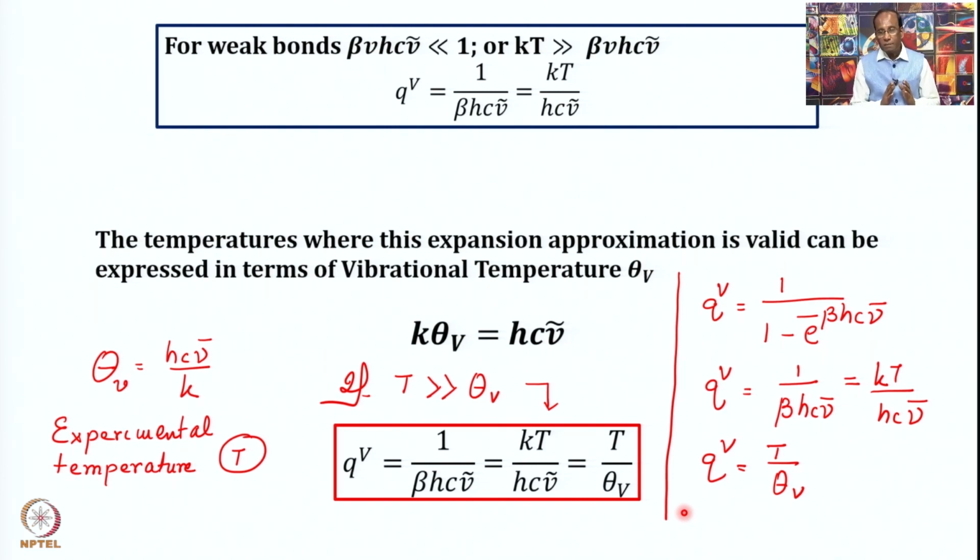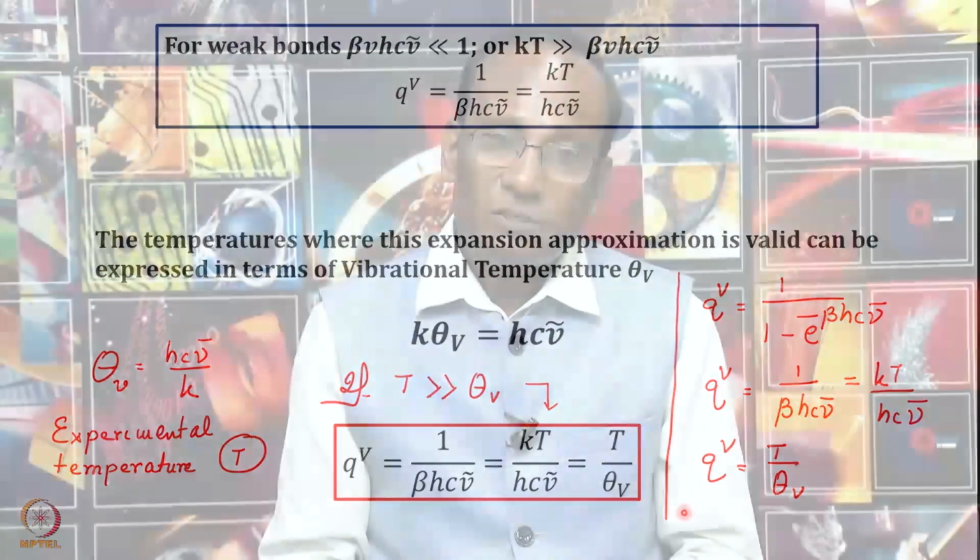So, what we have discussed in this lecture and the previous lecture is how to calculate the value of the vibrational contribution to the partition function. First, we discussed that there can be more than one normal mode of vibration. The overall vibrational contribution to the partition function will be equal to the multiplication of the contribution of each mode. Then, how to evaluate each normal mode's contribution?